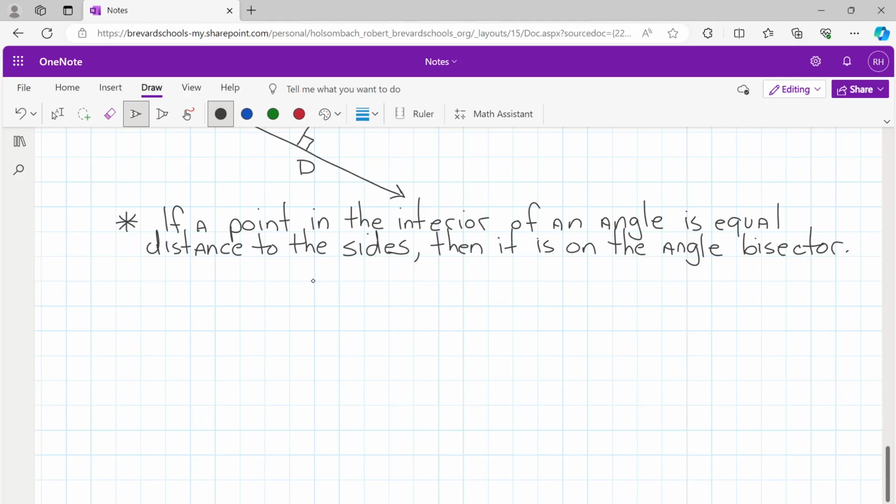So that would be a case like you've got this angle again.